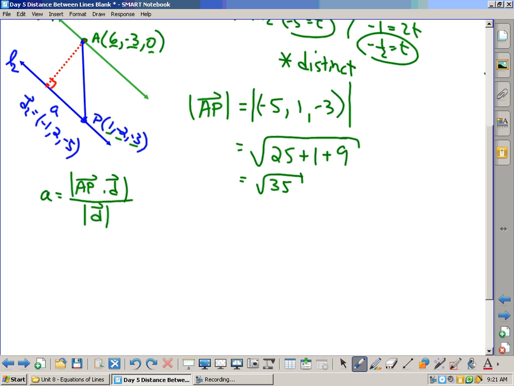So AP is what we just figured out that Emma told us was -5, 1, and -3, dot D, which is the direction vector here of L2. So it's -1, 2, -5. All over the magnitude of D, which is going to be the square root of the squares. So 1 squared is 1, plus 4, plus 25.